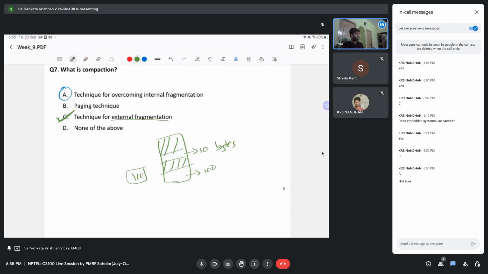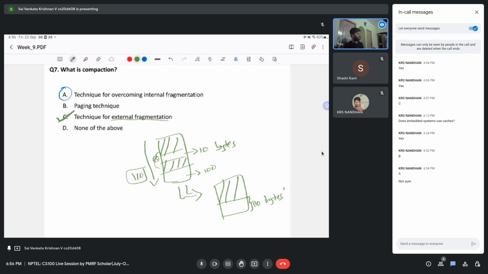The OS can transform this mapping so that these two regions are merged, contiguous in nature, and it becomes 110 bytes. It compacts all your memory. It goes through a linear pass, gets all the allocated regions in memory, and keeps them together to overcome external fragmentation.